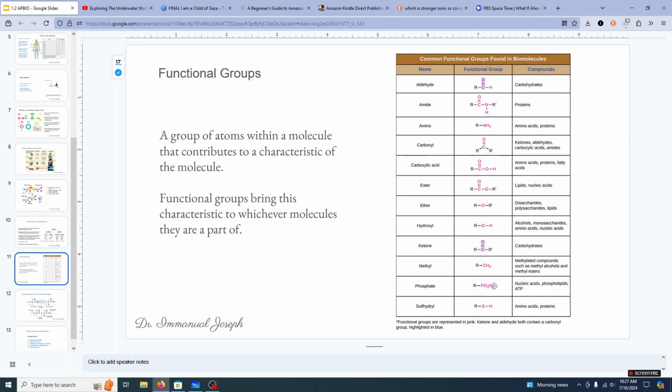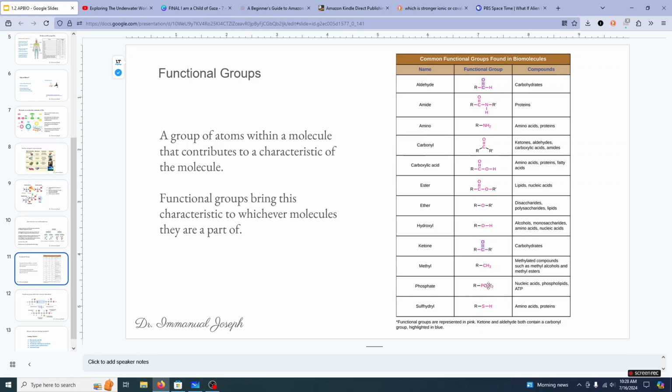Another important group here is phosphate. Phosphate groups have a phosphorus atom attached to 4 oxygens, and that can be replaced variably, right? So one of those can be replaced with a variable group.